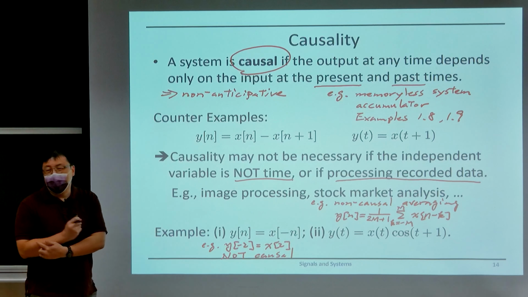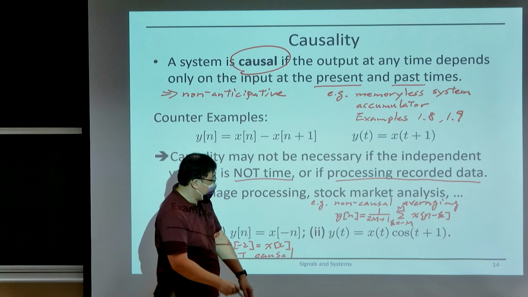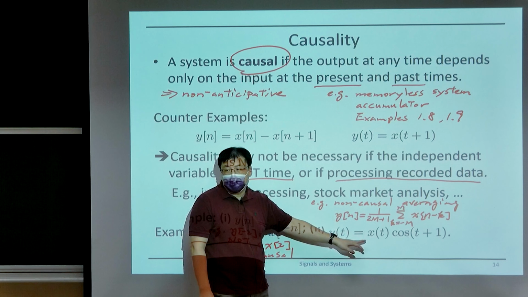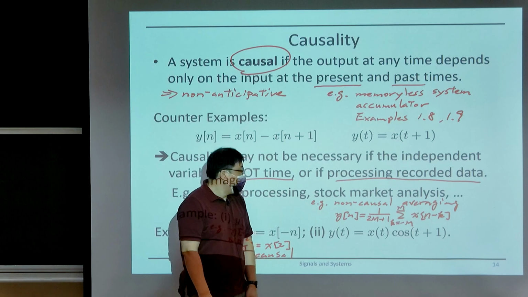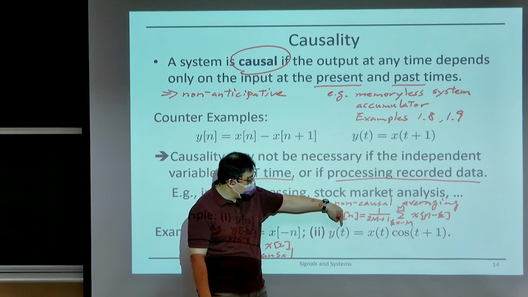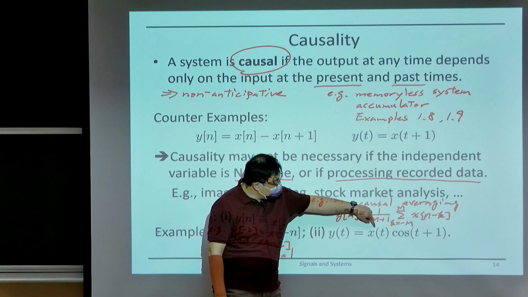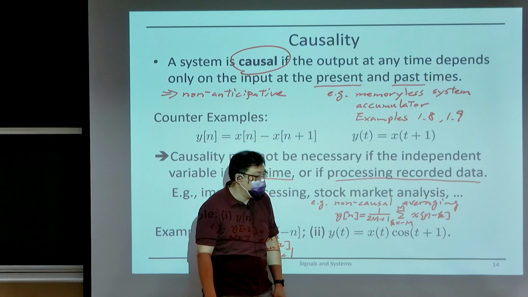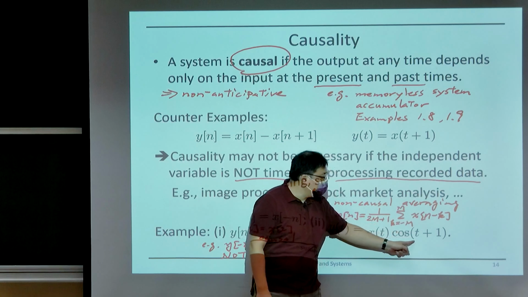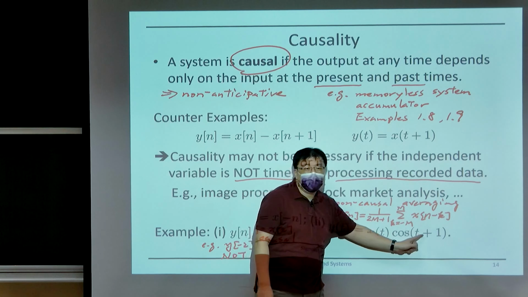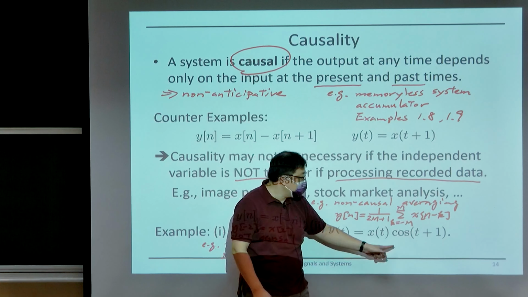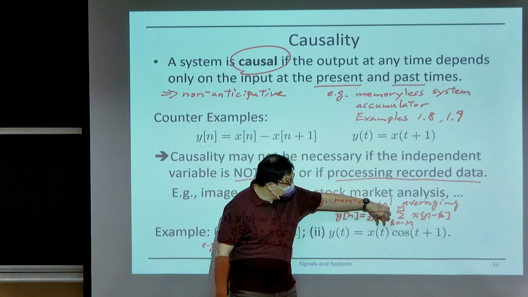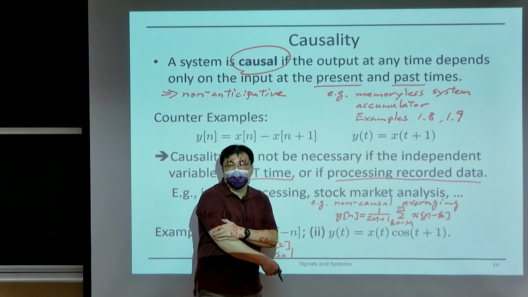So this is a tricky question, because this is actually a causal system, because the output at time t depends only on the input at time t. This is a trick question because obviously you see here a function that depends on t plus 1. But this is not the input. This is just some scale that you multiply on the signal x of t.